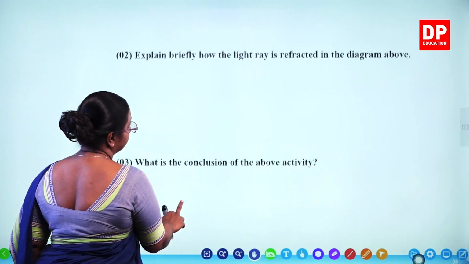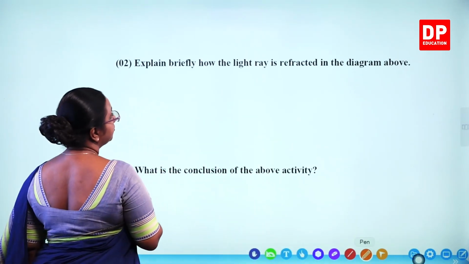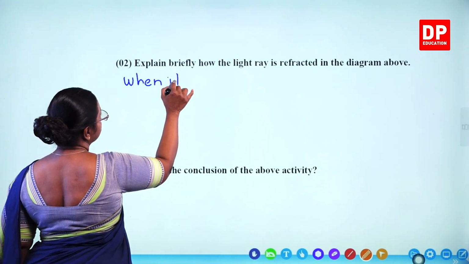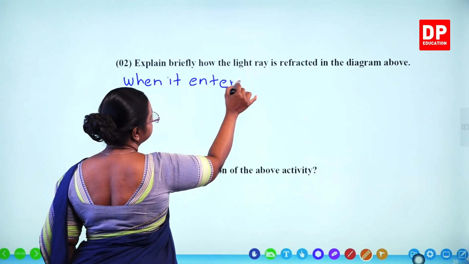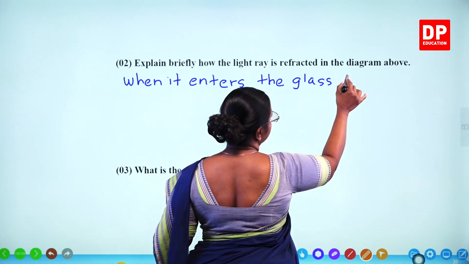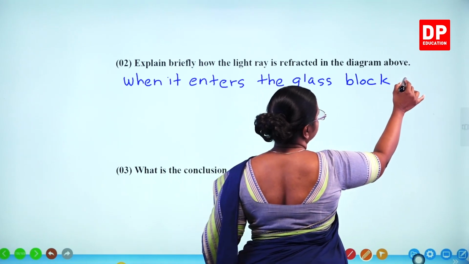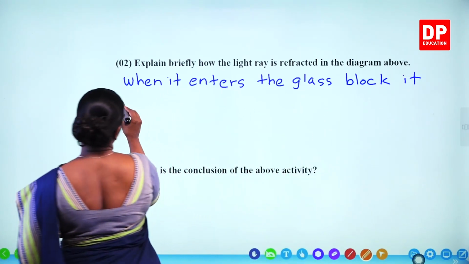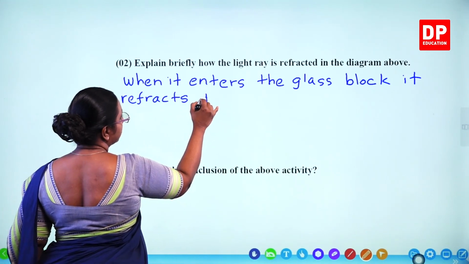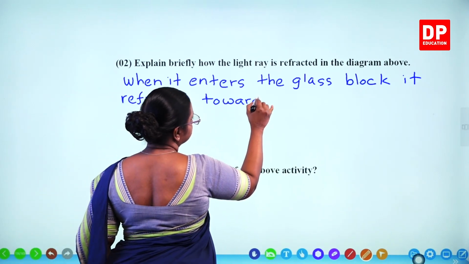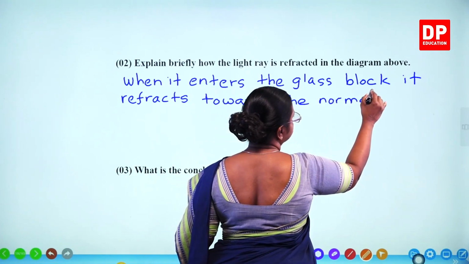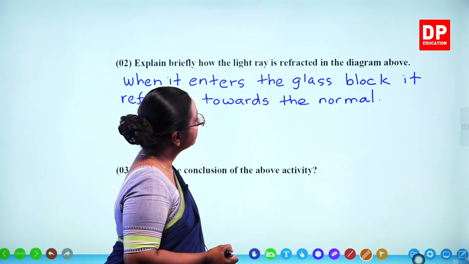So to do that, we have to say when it enters the glass block, it refracts towards the normal. The light ray is refracted.